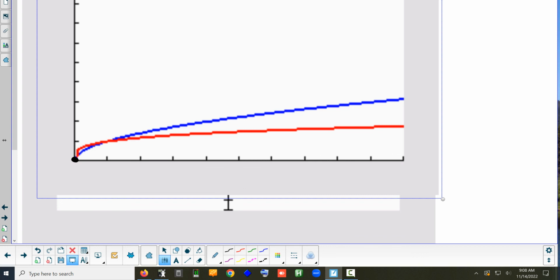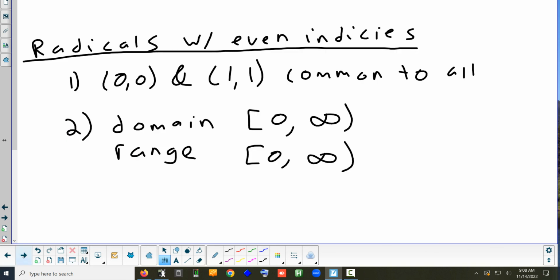But there's one other one. I don't know if that first line is 1. Yeah, these are all going by ones. Okay, so 1, 1. So 0, 0 and 1, 1 are points that are common to all even roots.